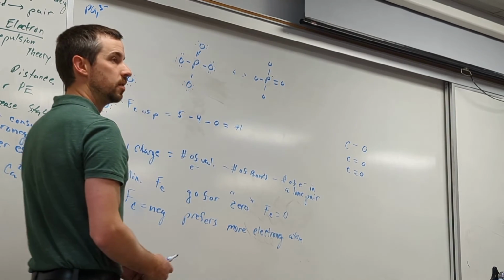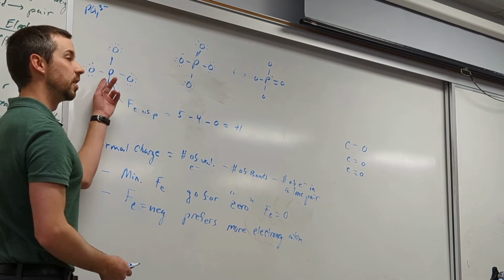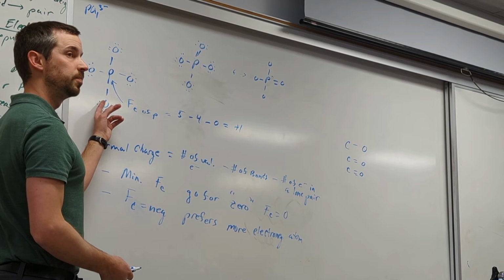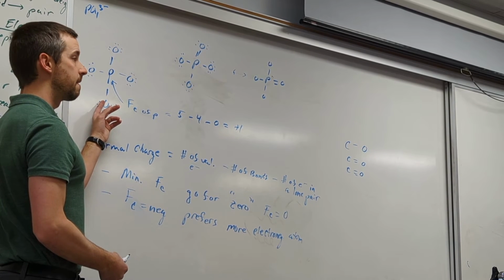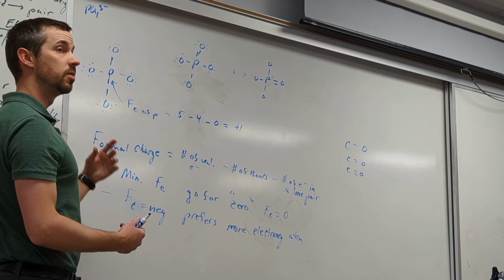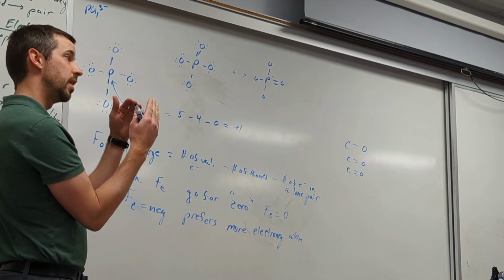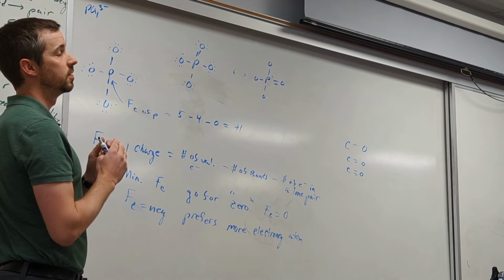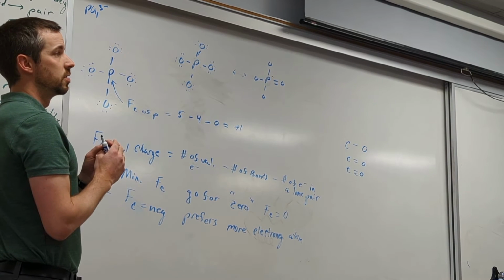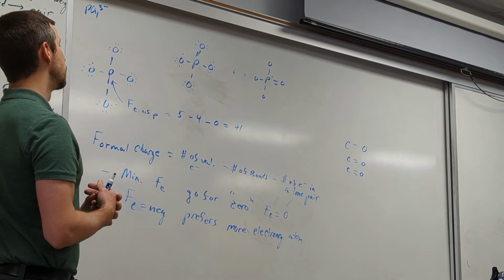All right. So who's more electronegative, phosphorus or oxygen? Who wants the electron more? What do you think? Further up and to the right means greater electronegativity. So oxygen wants the electron more.